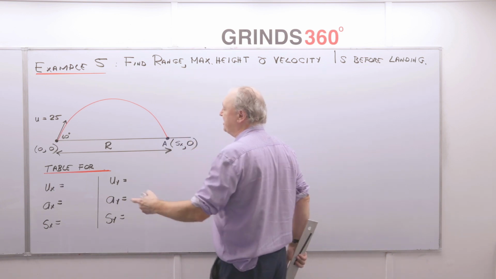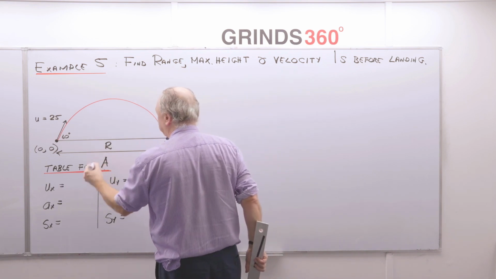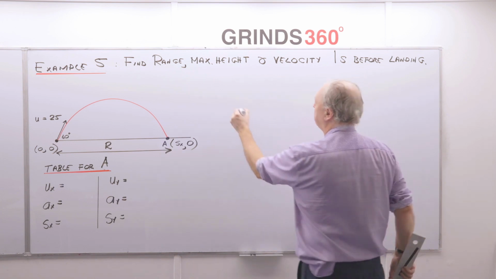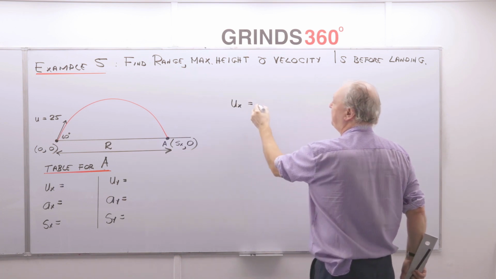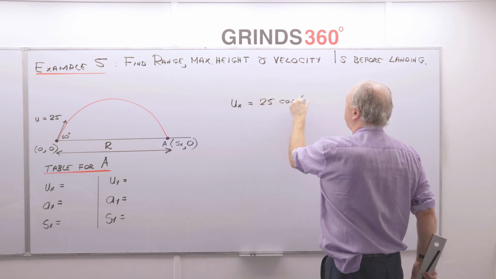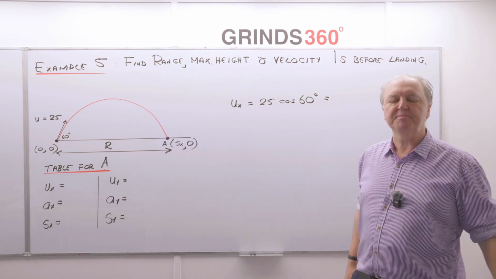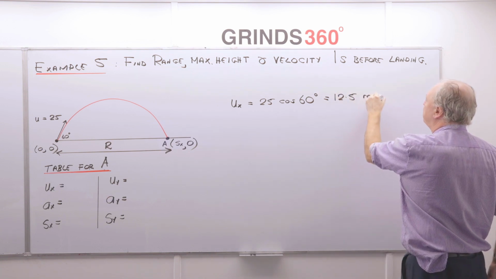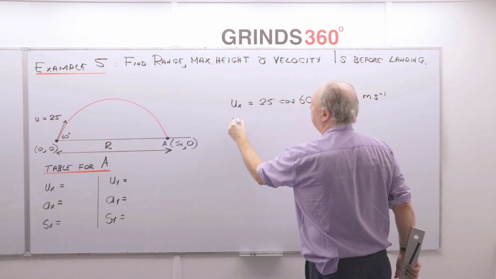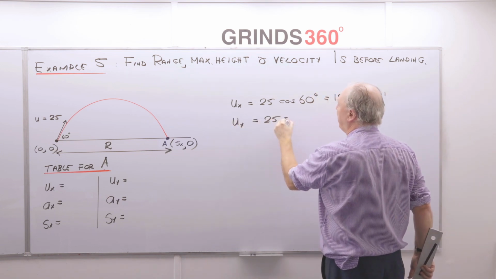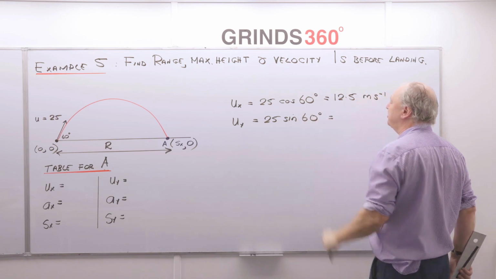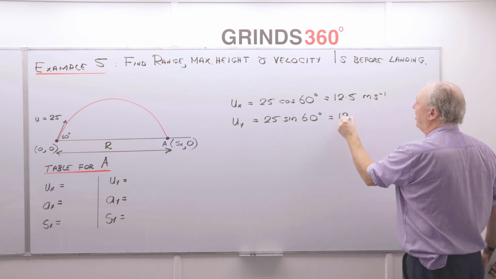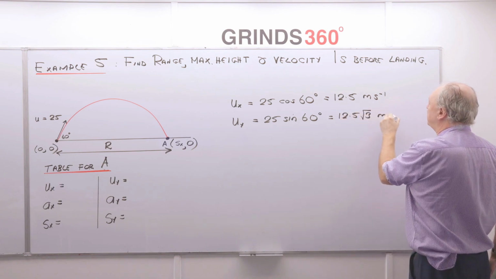So let me put down a table here, a table for point A. What's ux and uy? Well, ux is 25 cos 60. Put that into your calculator and you get 25 halves, which is 12.5 meters per second. And what's uy? uy is 25 sine 60 degrees, into my calculator, and I get 25 root 3 on 2, and that will give me 12.5 root 3 meters per second.